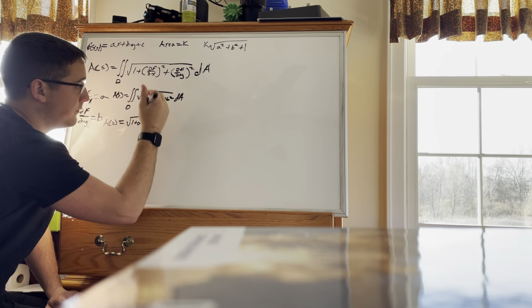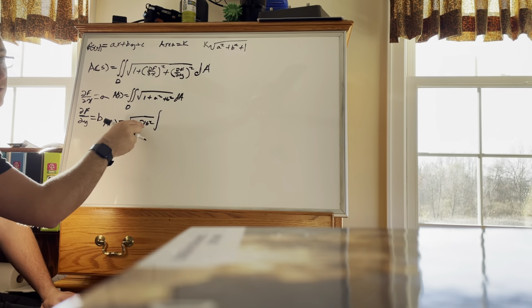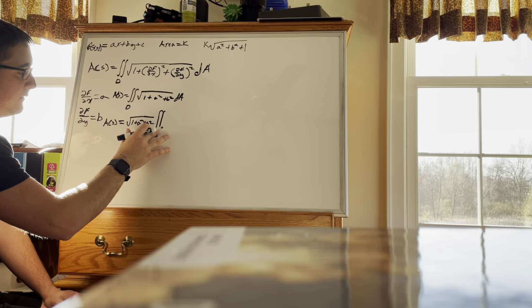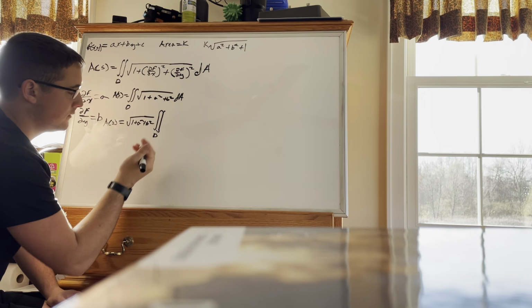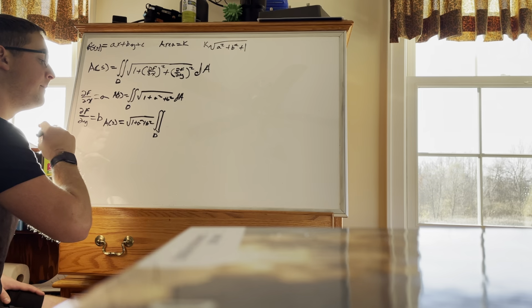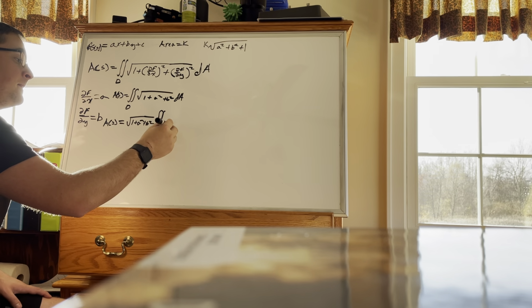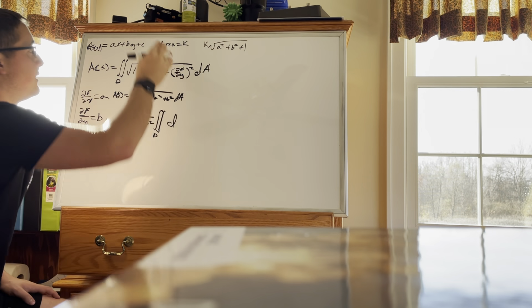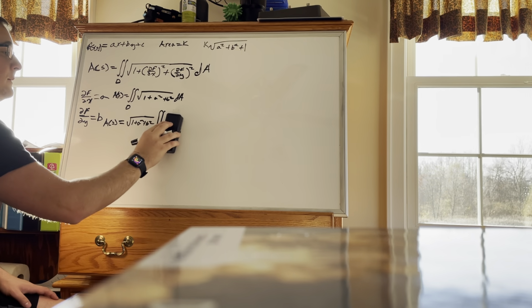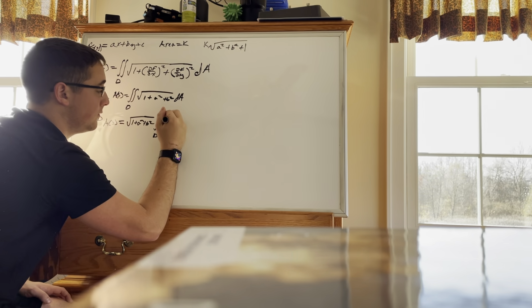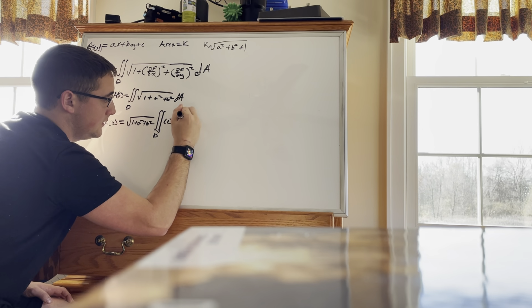We can pull that out of the integral because it's all constant. This leaves the integral bounded on region D of dA, and I like to put the 1 there, 1 dA.